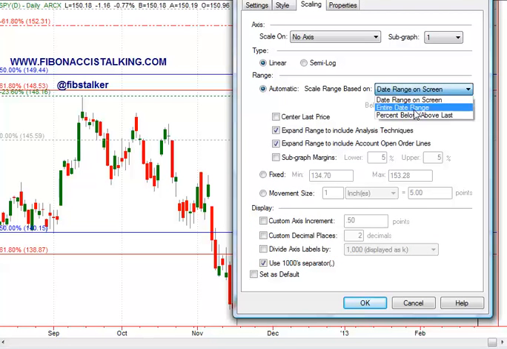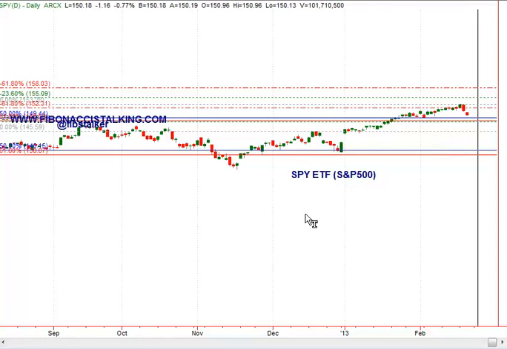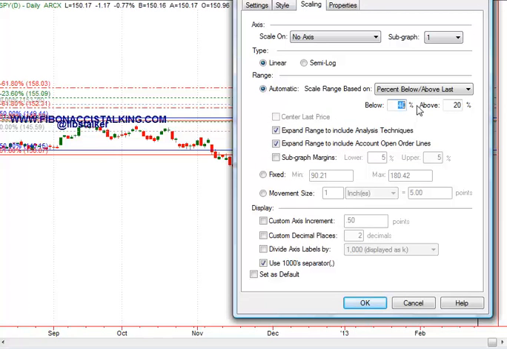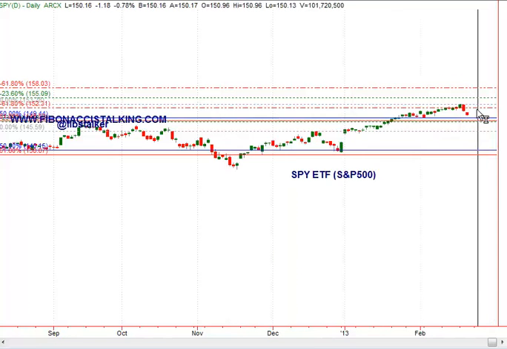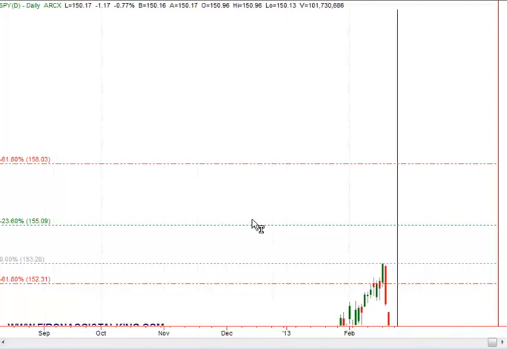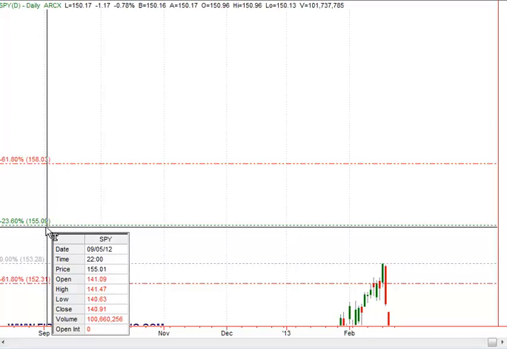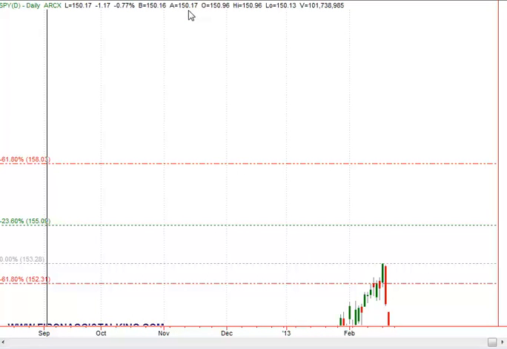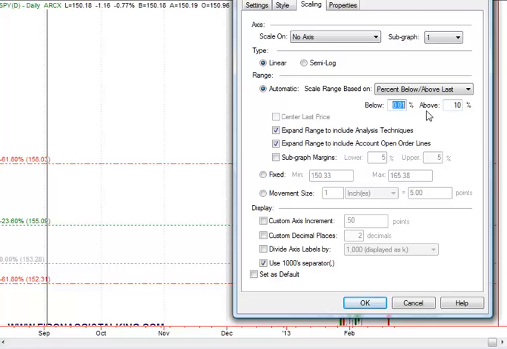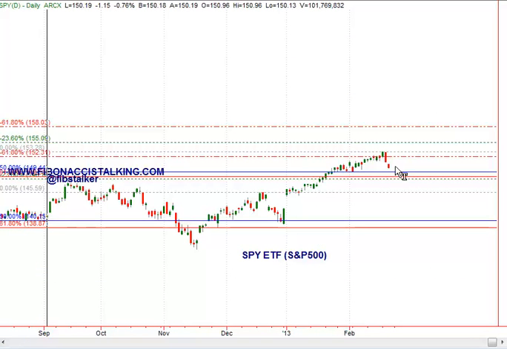But if I change the scale, I can show you very clearly it's this 155 level here, but I want to adjust the scale a little bit better here and be just 10% higher, and I cannot see the remaining part of the chart, but this would be the target of that first extension long setup with a support in the 148 area. So this would be the first setup.